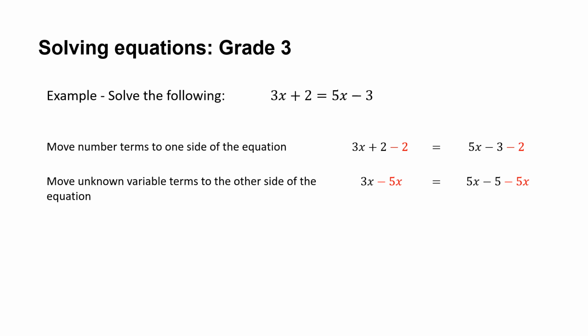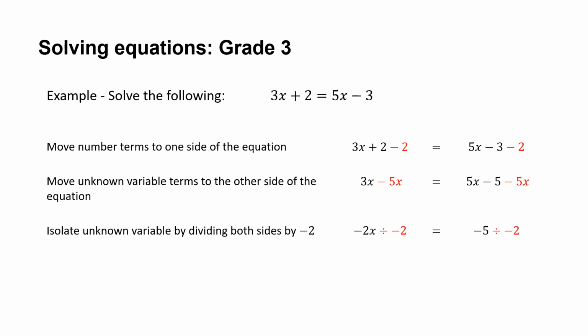And we have 3x minus 5x, so this is going to be minus 2x. And now on the other side, we have 5x minus 5 minus 5x. So now the 5x's are going to cancel out here and we're going to be left with minus 5. So what we're going to have at the end of this step is minus 2x equals minus 5.